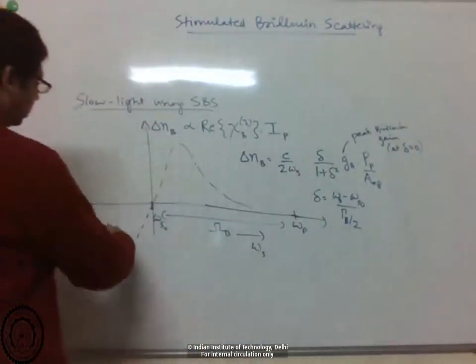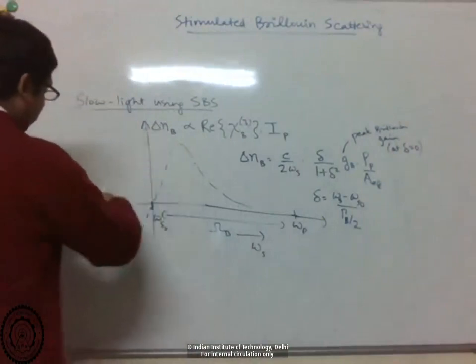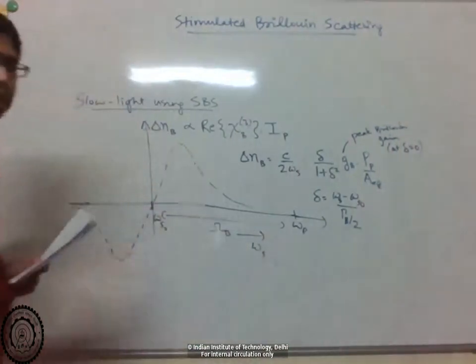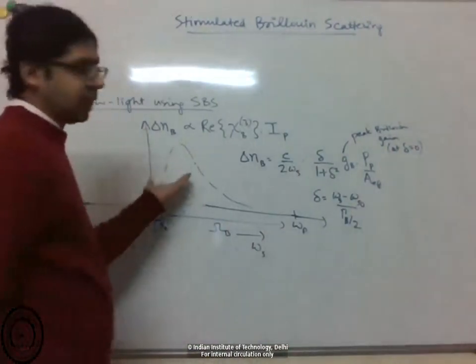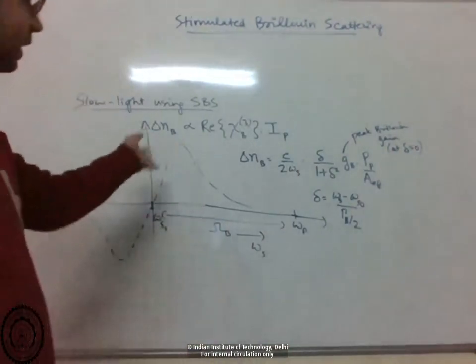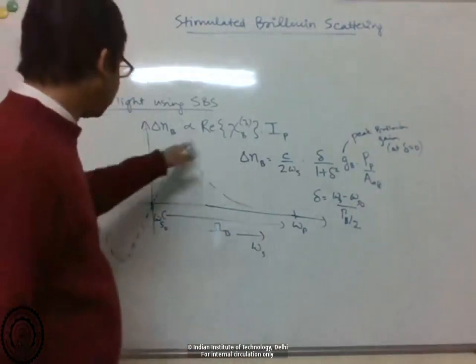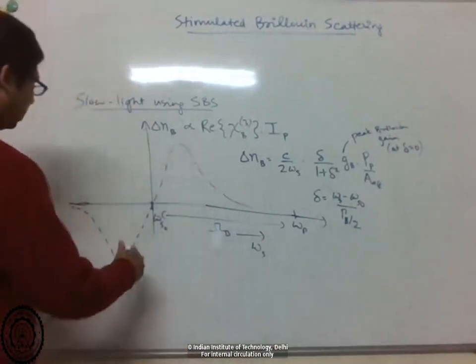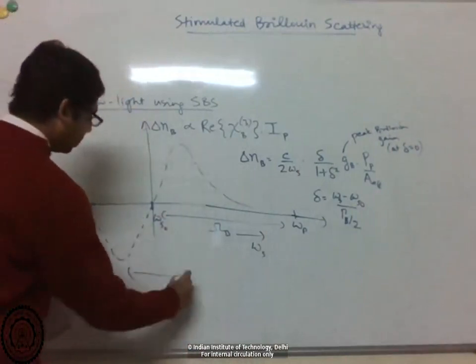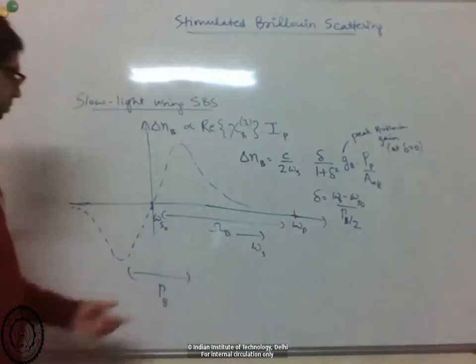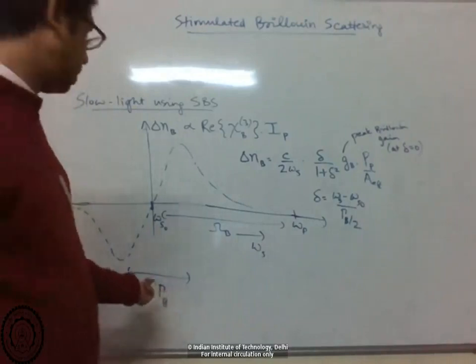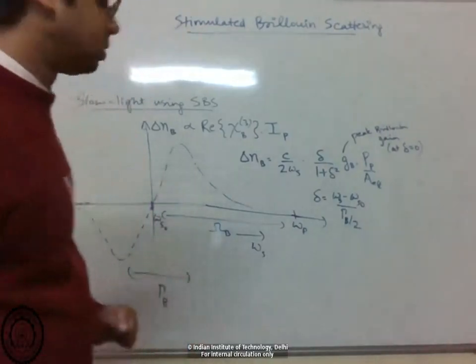Now you have an index which is varying with frequency, which means it also gives rise to a group index, right? Because there's a dn by d omega, and this variation is actually very sharp, because this change is happening over gamma B, which we saw is only 10 to 100 megahertz.